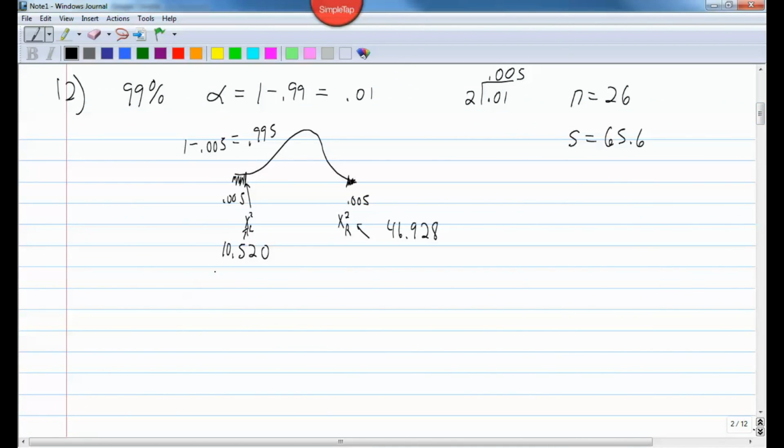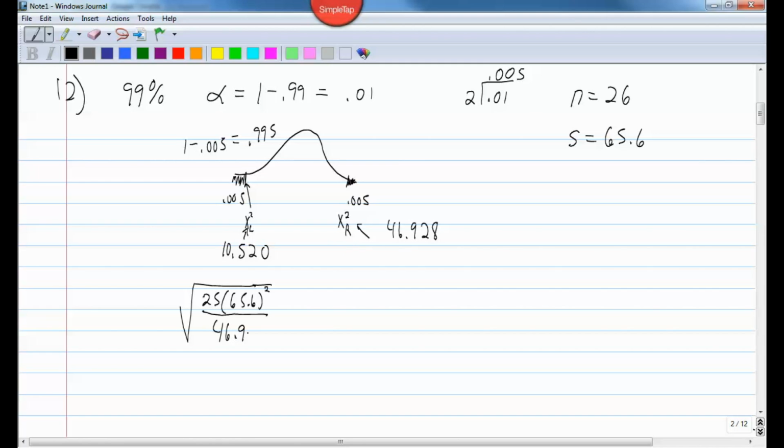All right, so my left endpoint, that's going to be the square root of n minus 1. So n minus 1 is 26 minus 1, which is 25, times the standard deviation squared, over, now if I want the left endpoint, I have to use the right critical number.